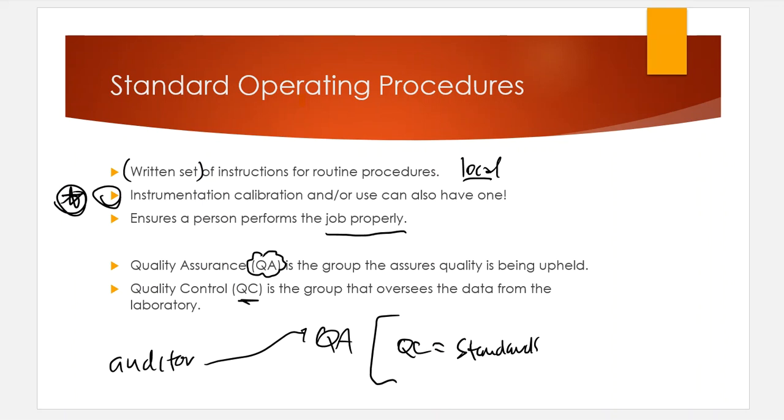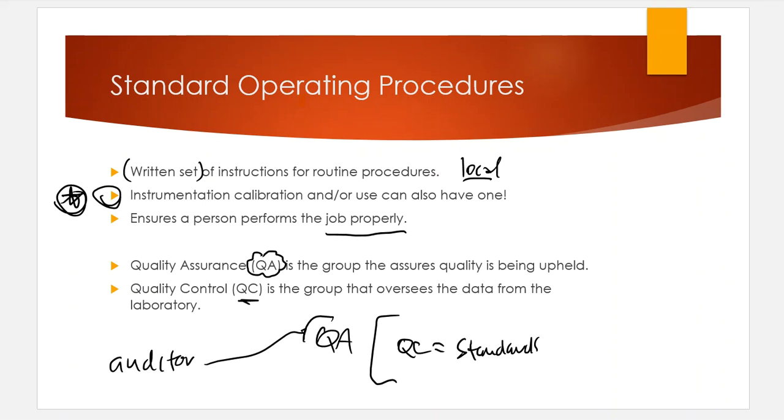Let us see how you are processing these samples. Let's see how you are generating quality data. So the QA department is the group that's responsible for that. Imagine them as somewhat of the managers of the QC department.